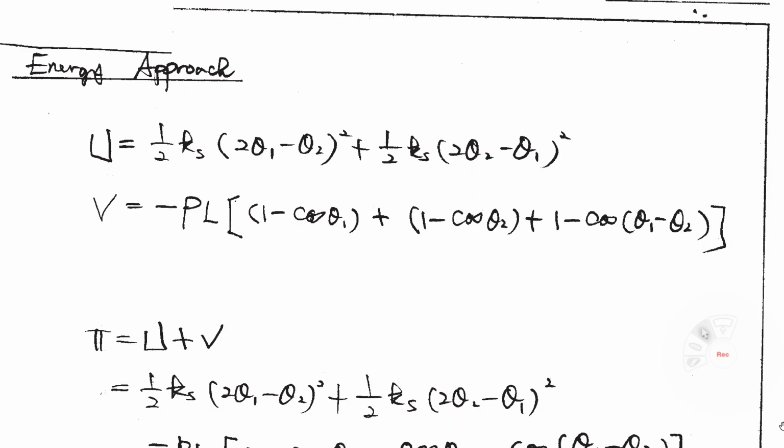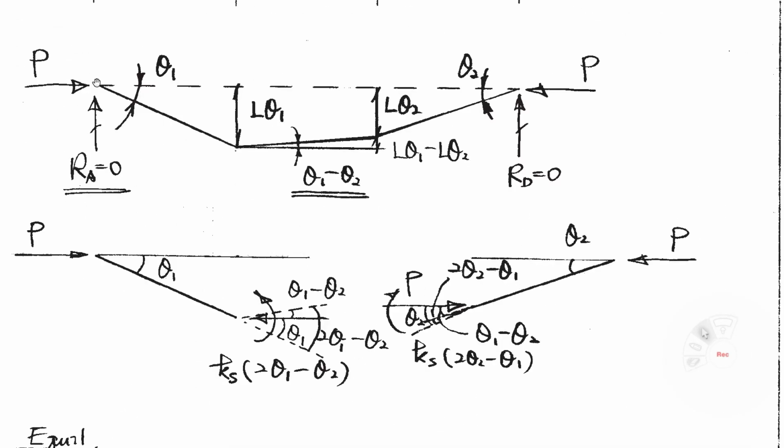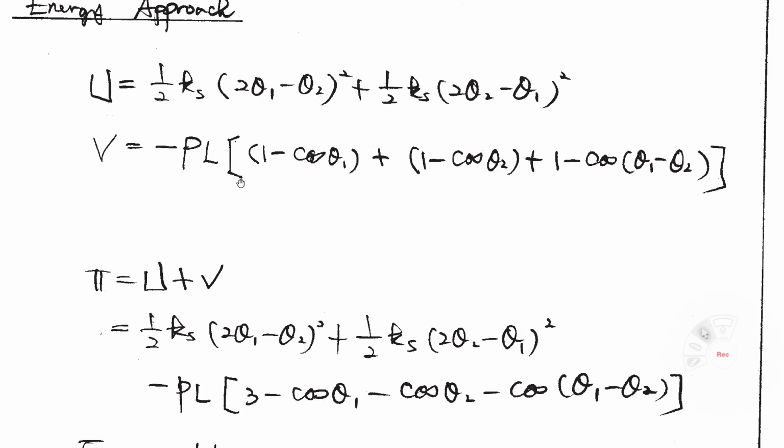Okay, it is a 2 DOF problem. We can solve this problem using an energy approach. So the internal energy equals Ks terms in theta 1 and theta 2, the right-hand side term and the left-hand side term. And then the potential energy: as you see here, this length decreases, just some length shortening. We calculate that shortening like that. P times L (1 minus cosine theta 1) plus (1 minus cosine theta 2), the right-hand side and the middle part.